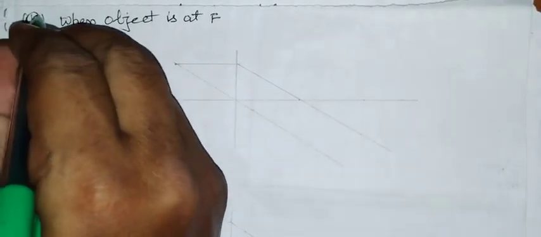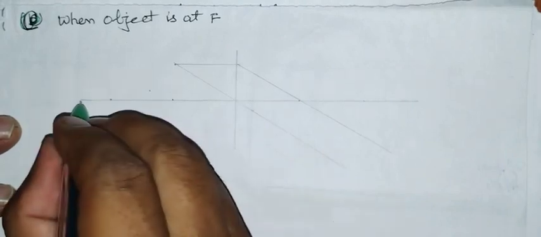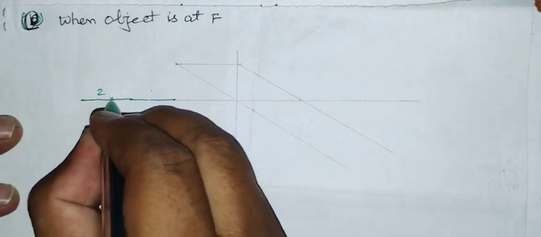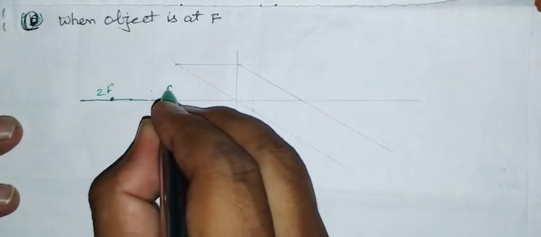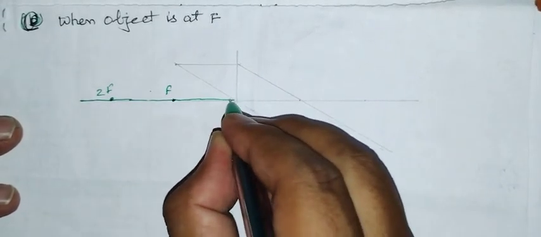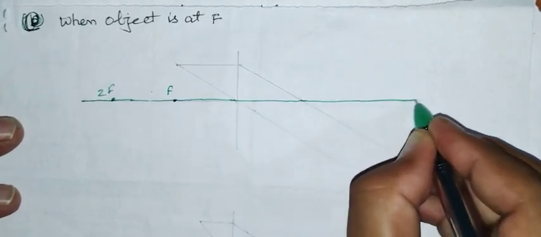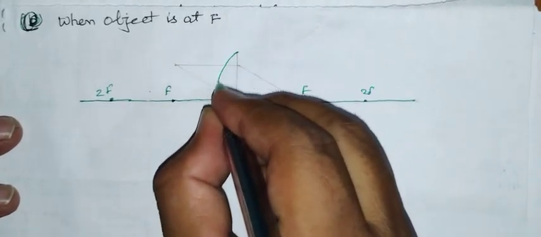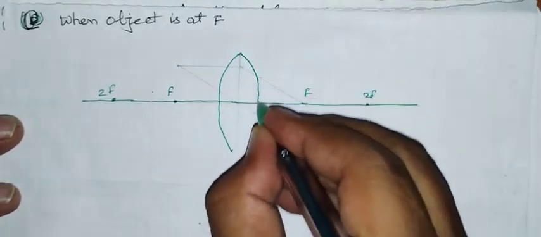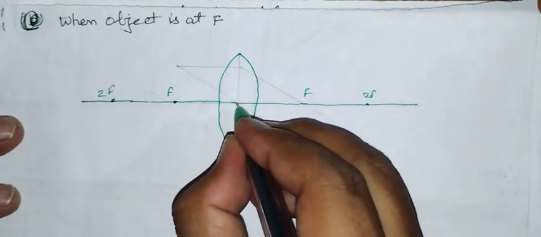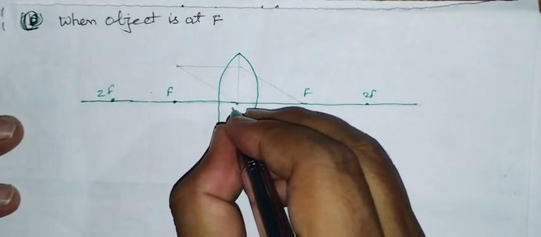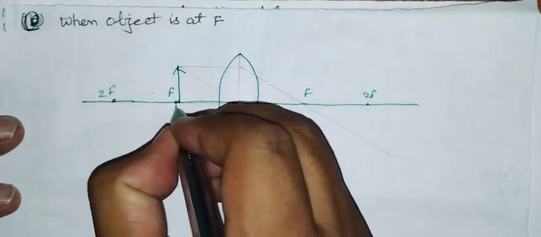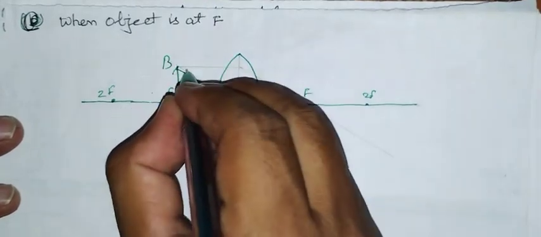Condition E, when the object is at f. To see this situation: 2f, f is here, f, 2f, position of lens, here optical center, object is at focus, AB.